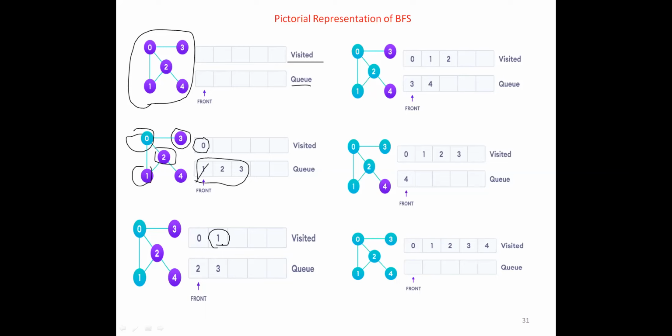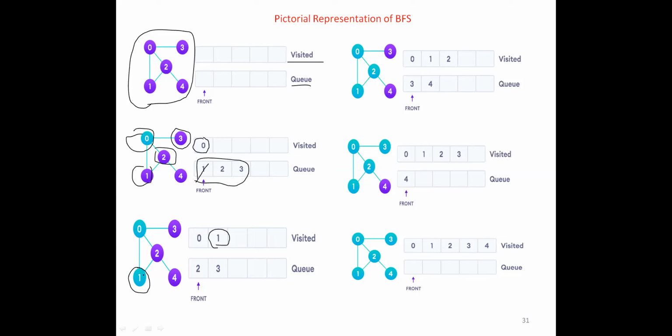Then what happens? Once I dequeue and start visiting, who are all adjacent to vertex 1? The blue color is highlighted for visited, and right now there is a current node.